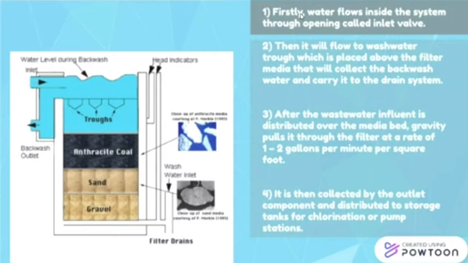Then it will flow to the wash water trough, which is placed above the filter media and will collect the backwash water and carry it to the drainage system. After the influent is distributed over the media bed, gravity pulls it through the filter at a rate of 1 to 2 gallons per minute per square foot. It is then collected by the outlet valve and distributed to a storage tank for chlorination or a pump station.